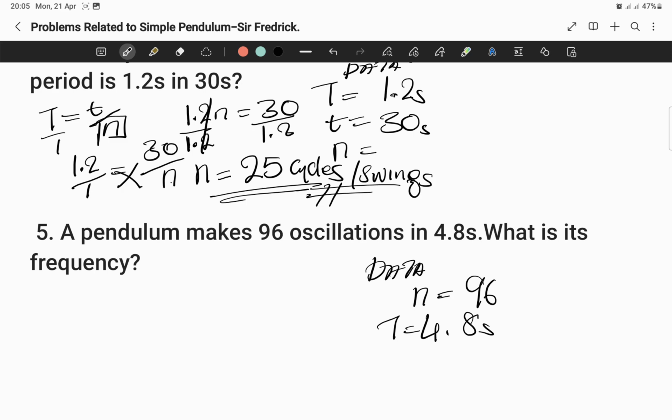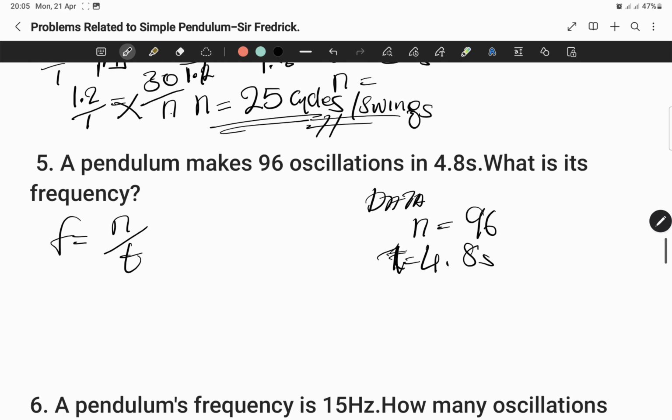Okay, this is actually time. I was right, it's time. So frequency is equal to number of oscillation over time. This time around we will not use this. Why? Because we've been given number of oscillation here.